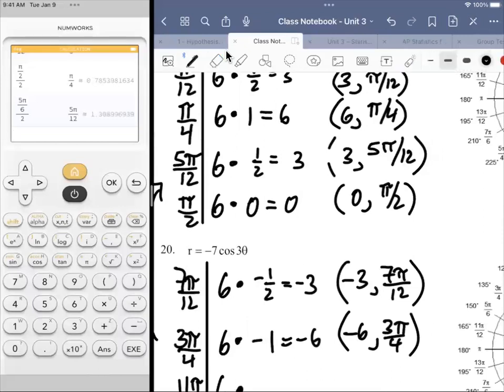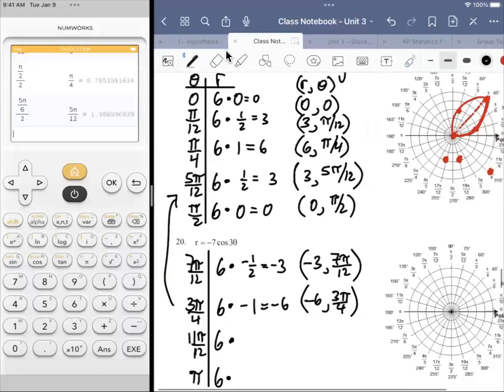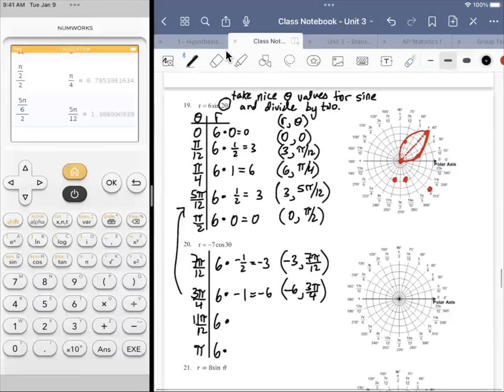So this should have been 3 steps in the direction of 5 pi over 12. So this point shouldn't be there, which actually kind of stinks because we already have 3 steps in the direction of 5 pi over 12. Although I'm struggling to figure out why that's the case.